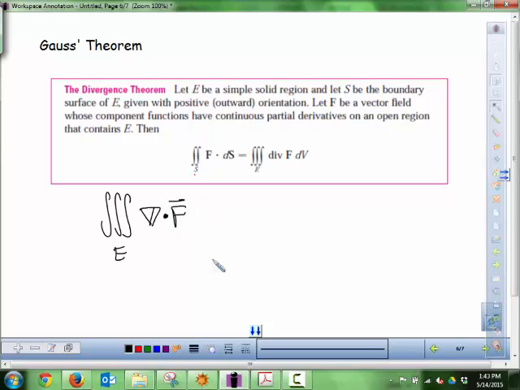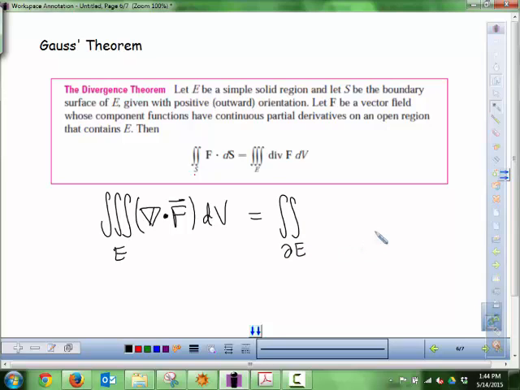So the div of a vector field is what? A vector or a scalar function? Scalar function. So this is a scalar, and so those single, double, and triple integrals that we've had take in scalar functions. And then this is going to equal the flux through the boundary of the solid.